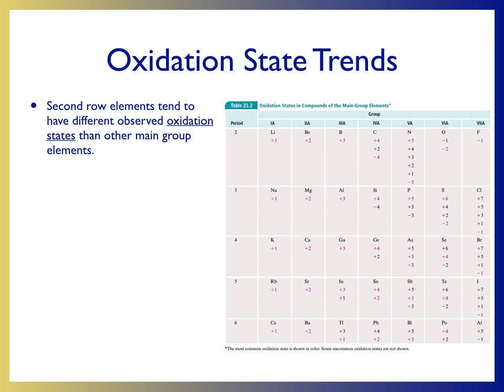If we look at the next group over, which is the oxygen group, we see that oxygen only has negative oxidation states, -1 and -2. This is attributed to oxygen's high electronegativity. It's more likely going to take electrons from another element than give electrons to another element.